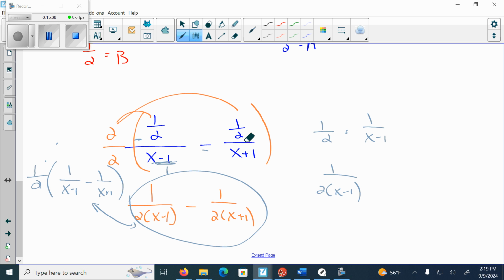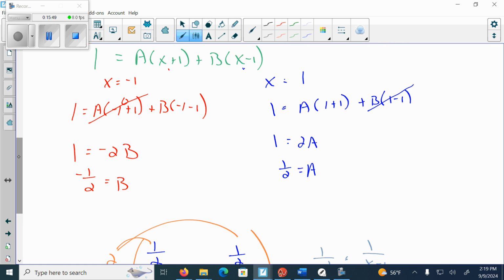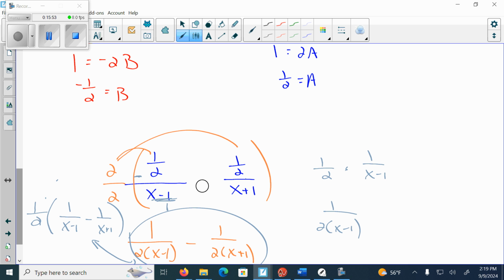Here's the 1/2. So b was negative 1/2, right? Yeah. So I could have put plus a negative 1/2, but I chose not to, and I made this a minus sign.